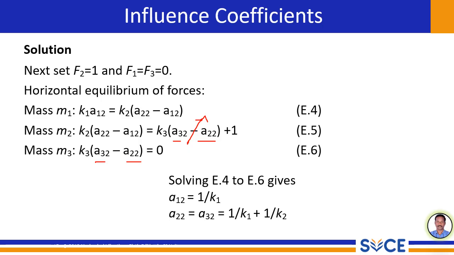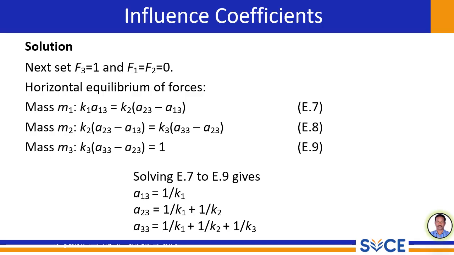Once again, we will get that A22 will be equivalent to A12. Then substituting further, what we got is A12 equal to 1 by K1, A22 and A32 equal to the reciprocal of K1 plus K2.